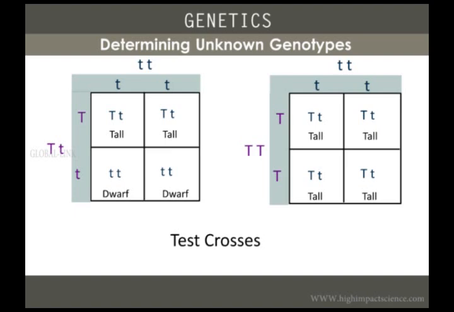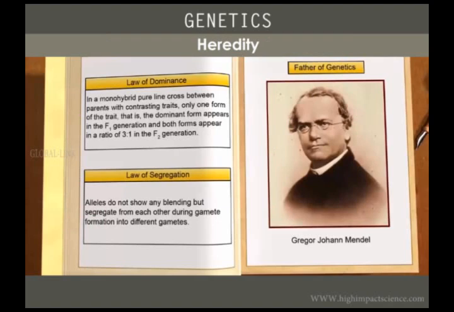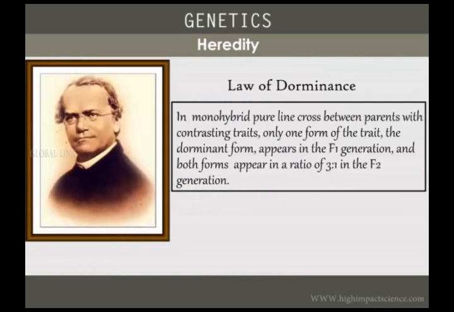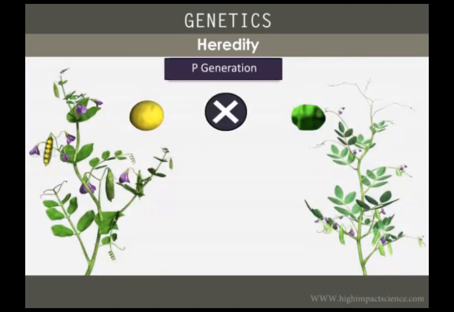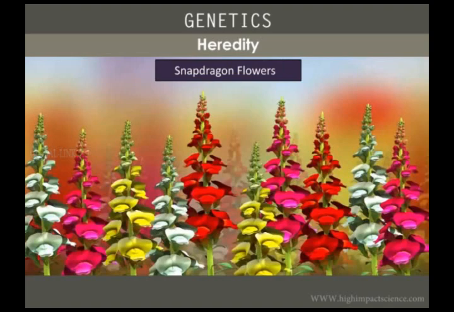And so in general, through his monohybrid cross experiments, Mendel proposed the laws of dominance and segregation. But does this law of dominance apply to all genes in all organisms? Hybridization experiments conducted on the pea plants were also conducted on snapdragon plants.